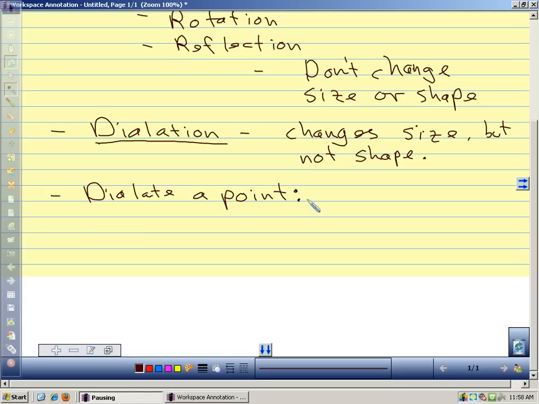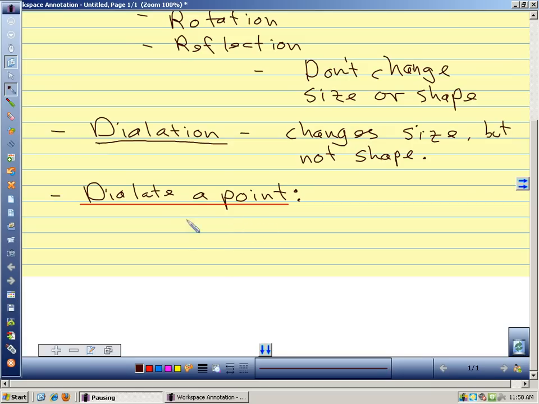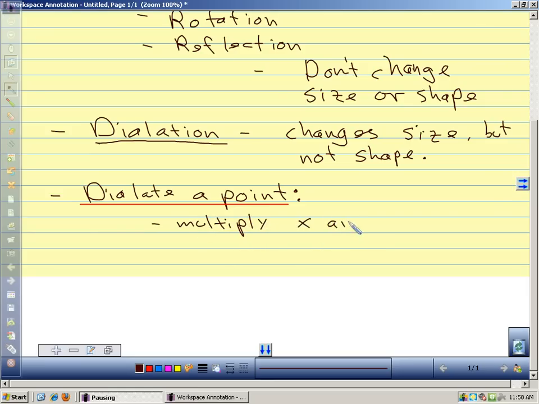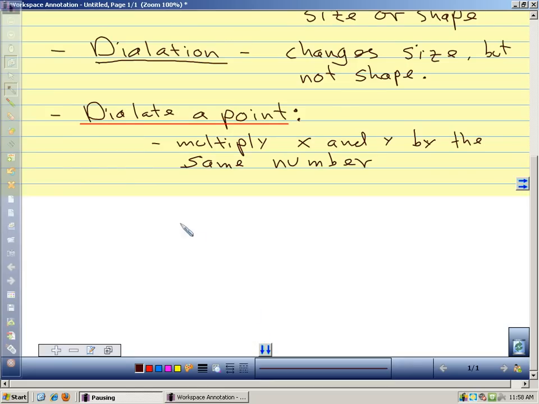And the way we write it seems kind of strange, but it's really pretty straightforward. So if we have to dilate a point, we just multiply the x and the y by the same number. And the way we write that, and this is the part that kind of seems confusing, we say that D stands for dilation.